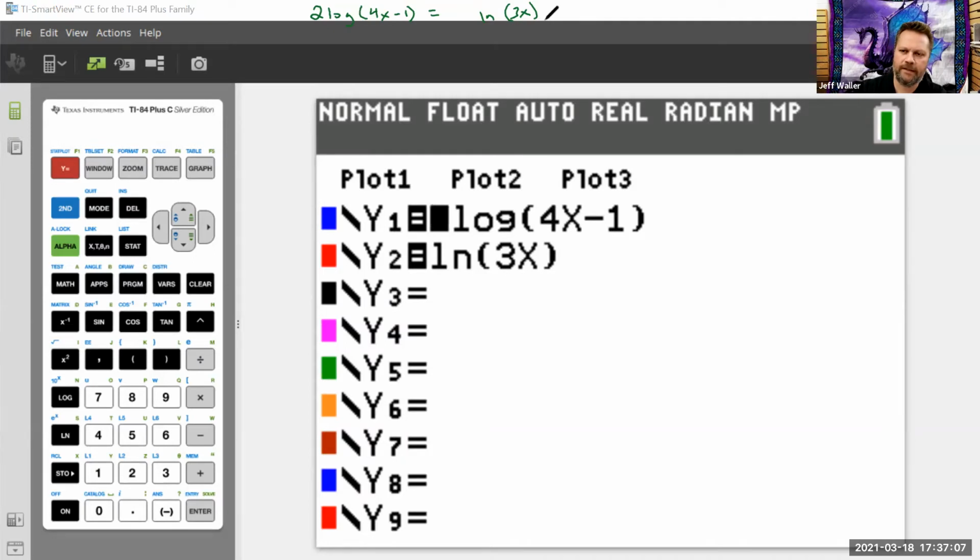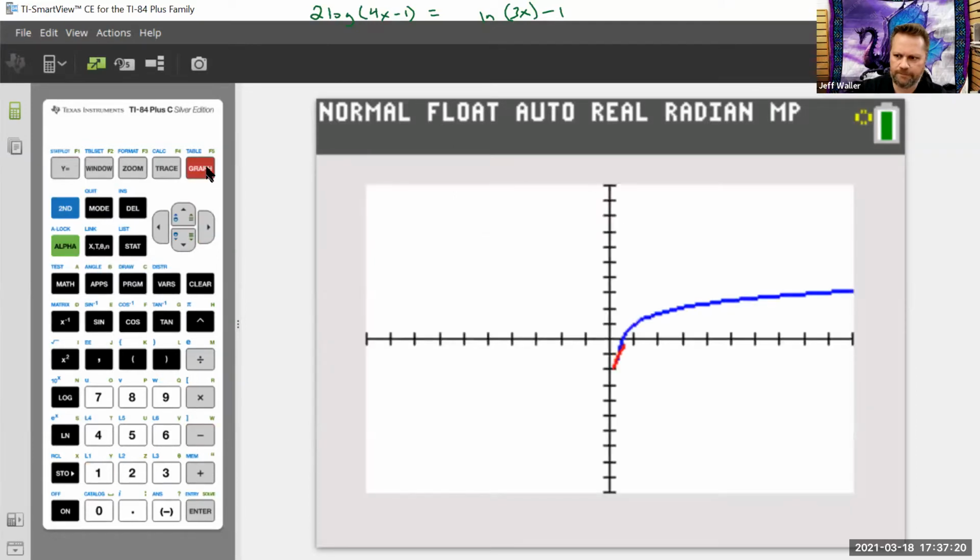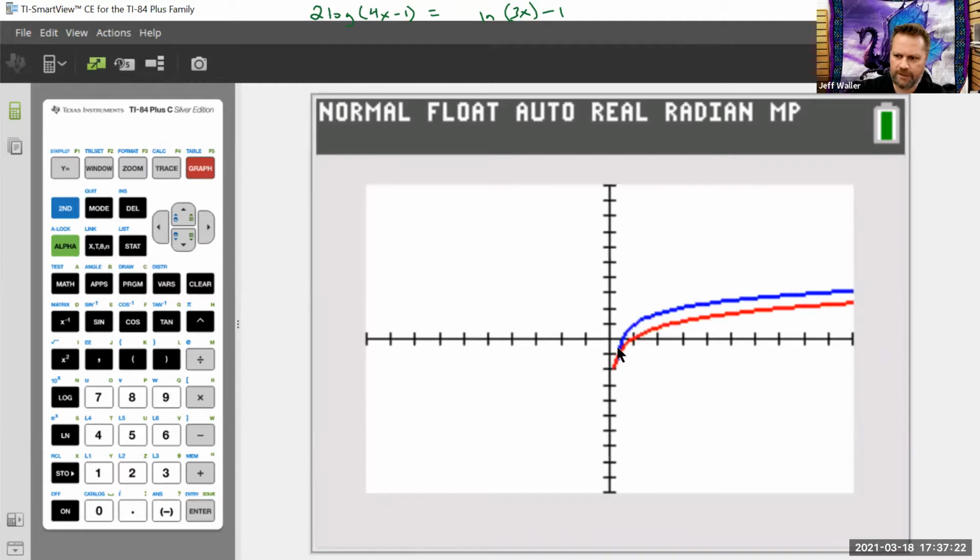This kind of sucks. That's too bad. If I make that minus 1, all right, if this doesn't work, I'll have to pull a problem out of the book. I don't want to sit here all day trying to make a good problem. Minus 1, let's see what that does. All right, so now it's got a definite answer down here.